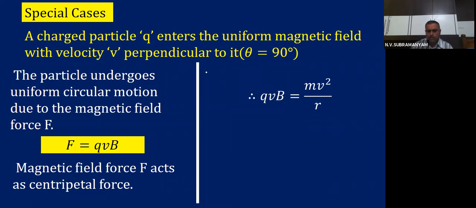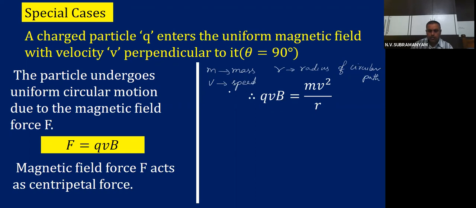Yes or not? So, M is the mass of the charged particle. What is V? Speed of the charged particle, that is velocity. And what is R? Radius of the circular path. Right or not? Radius of circular path.